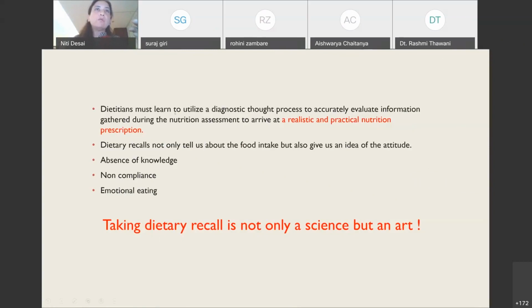Dietary recalls not only tell us about the food intake, but also give us an idea about the attitude of the person, whether the person is doing something just because of lack of knowledge, or is just non-compliant, or there's an emotional eating factor involved. So in fact, taking a dietary recall is not only a science, but an art.